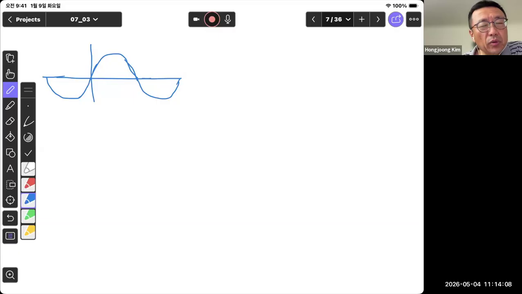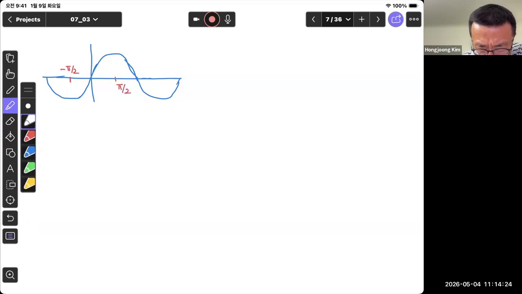So it is not one-to-one, and I cannot think of the inverse. But if I restrict the domain from minus half pi to half pi, then the function becomes one-to-one on that interval, so that we could think of its inverse. That's how we define the arcsine function.